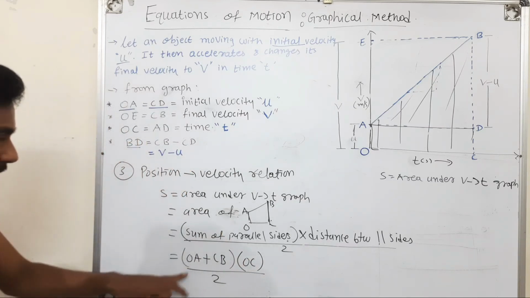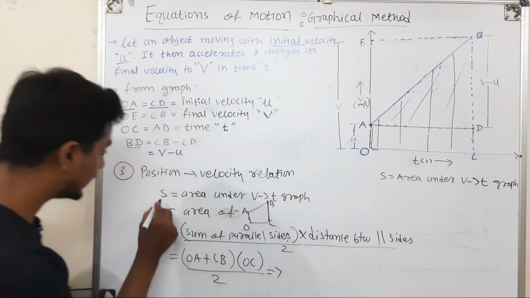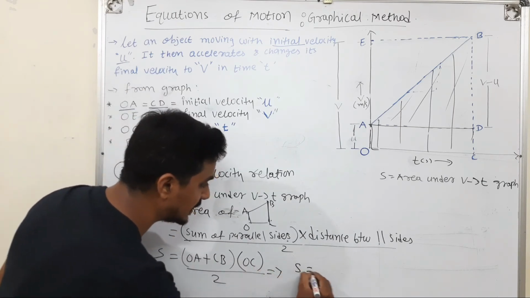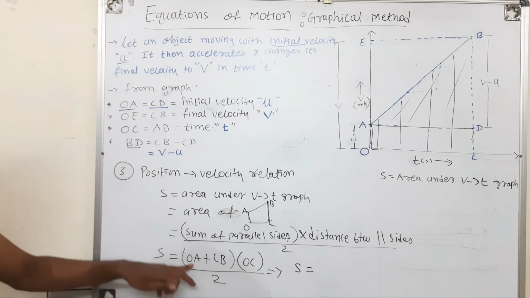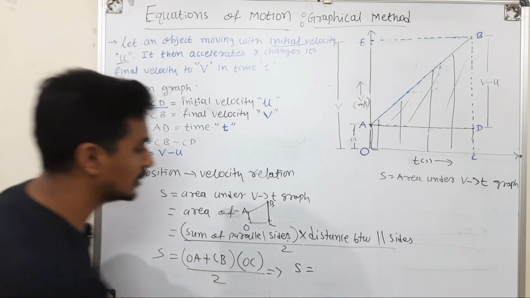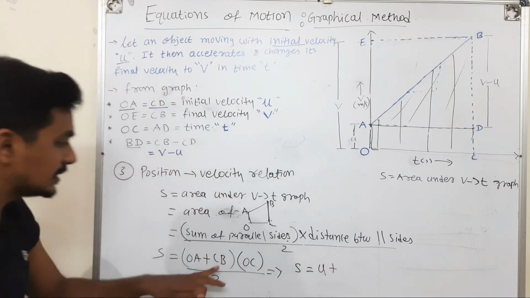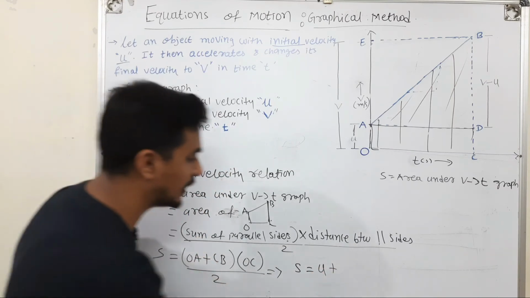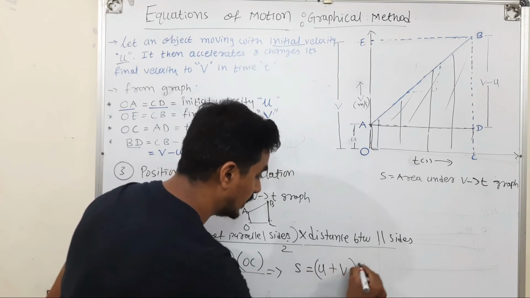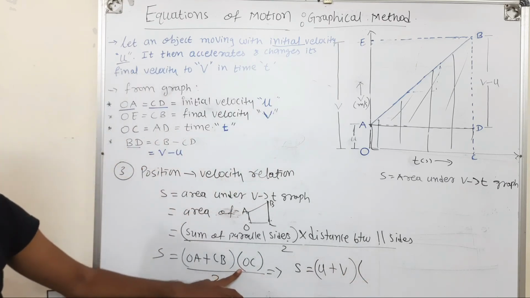So here S is equal to, what is OA? OA is the initial velocity U, plus what is CB? CB is the final velocity V, into what is OC?